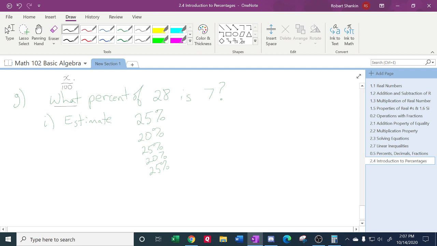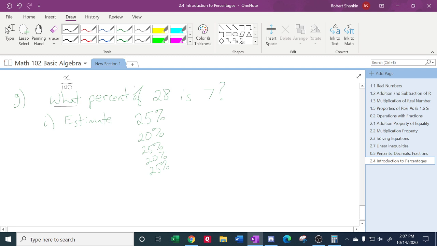Why did I make it into a fraction? Well, I normally like to change percentages into decimals rather than fractions, except when it's an x. I don't know how to move the decimal place over on a number that's just a variable. So I'm going to choose to do my percent as x divided by 100.